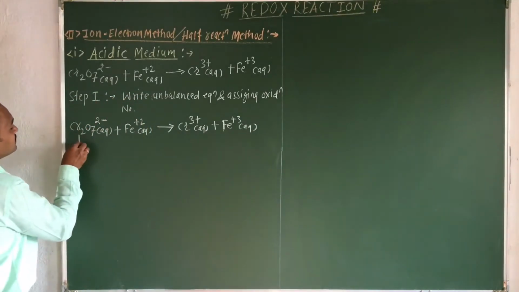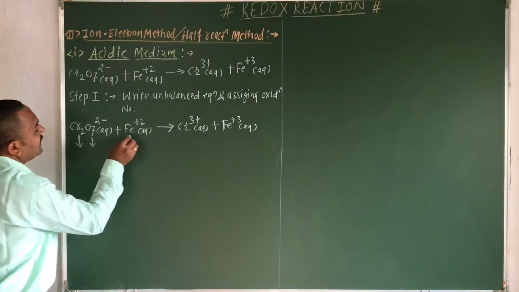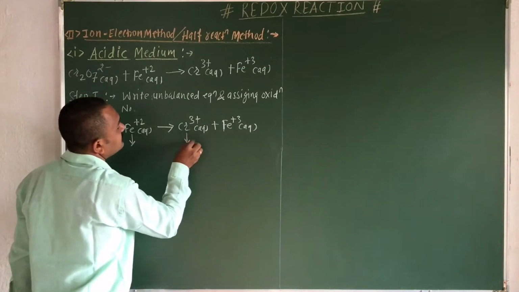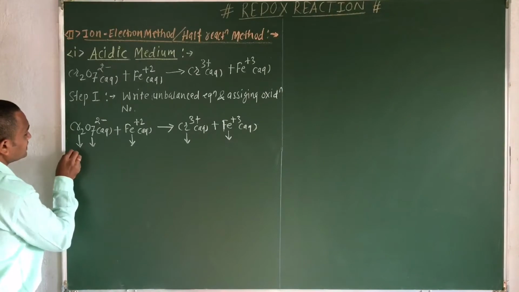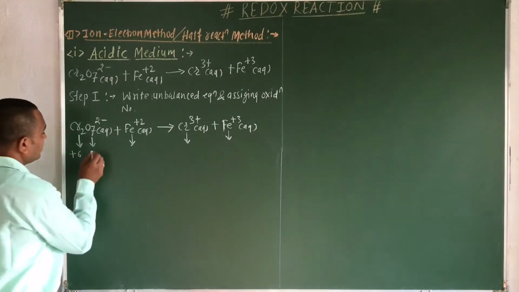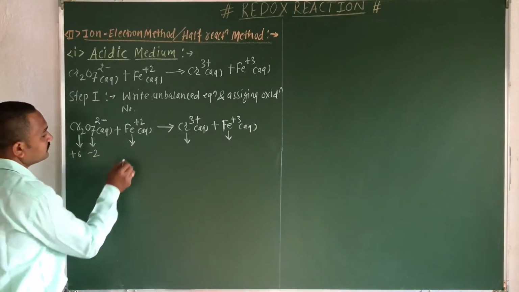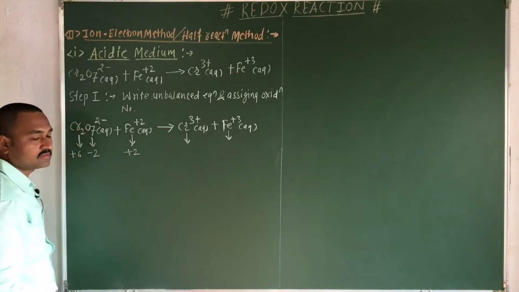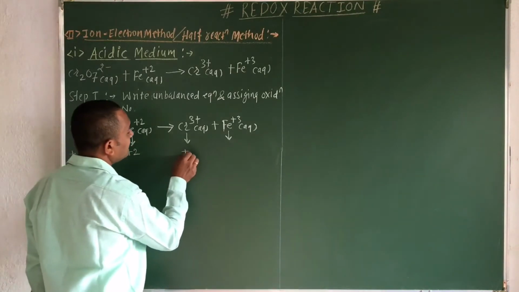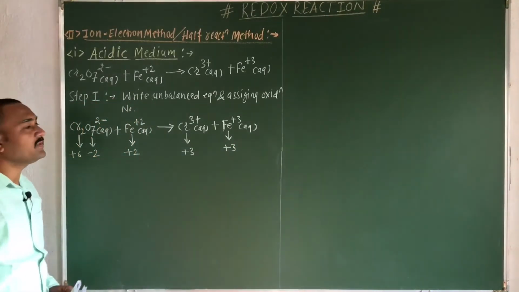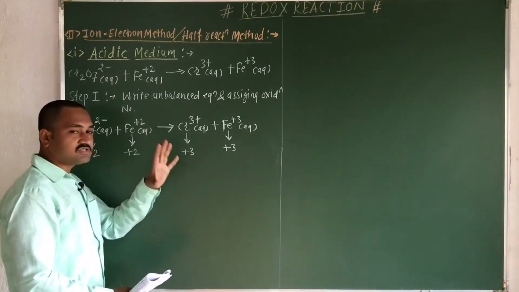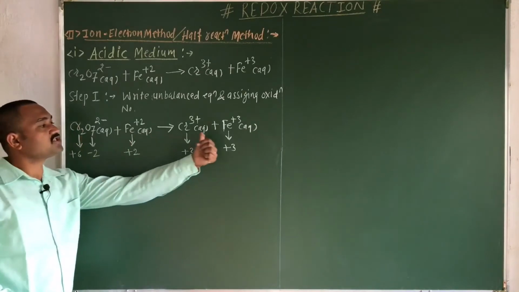Now let us assign the oxidation number for each atom. Here chromium will have the oxidation number plus 6, oxygen will have minus 2. The others are monoatomic ions, so their oxidation numbers equal their charges, plus 3 and plus 3. So this is our very simple step one. We have assigned the oxidation number for each atom.